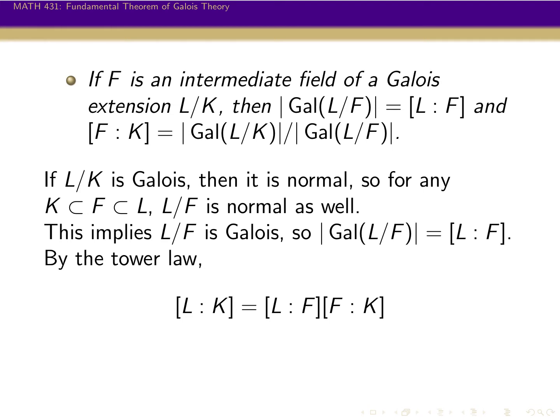Now for the second part, we're going to apply the Tower law. And so since we have that K is inside F is inside L, that means that the degree of L over K is equal to the product of the degree of L over F times the degree of F over K. Now we know that the degree of L over K is equal to the order of the Galois group of L over K, because L over K is Galois.